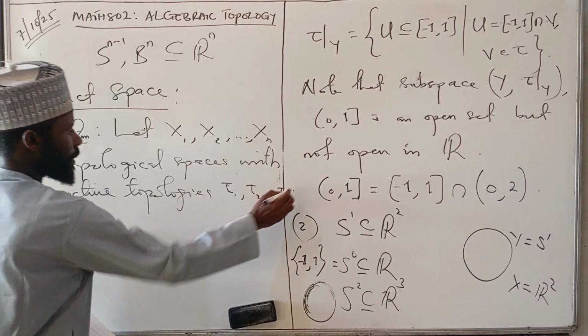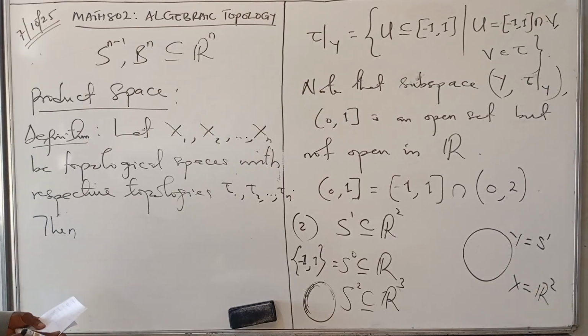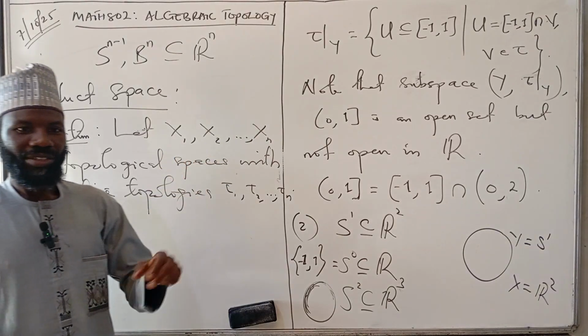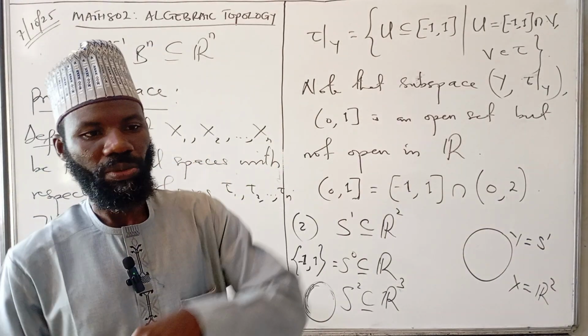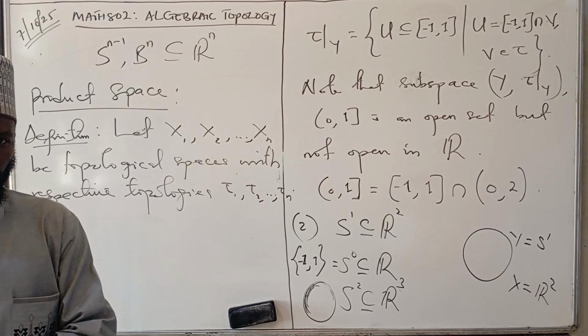Okay. Then the product topology, the Cartesian products, you can take, because they are sets, so you can take the Cartesian products of these sets and make it a topological space by using the existing topologies. Okay?